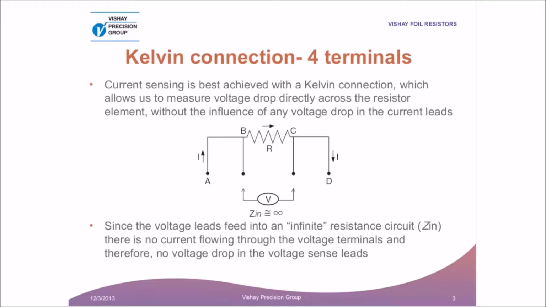Yes, exactly. The meter input resistance is usually 10 megohms or better, which is directly in series with the sense leads of the resistor, effectively negating any kind of effect by the leads. And of course, the measurement points start at points B and C, which is directly across the resistor element and only the resistor element.